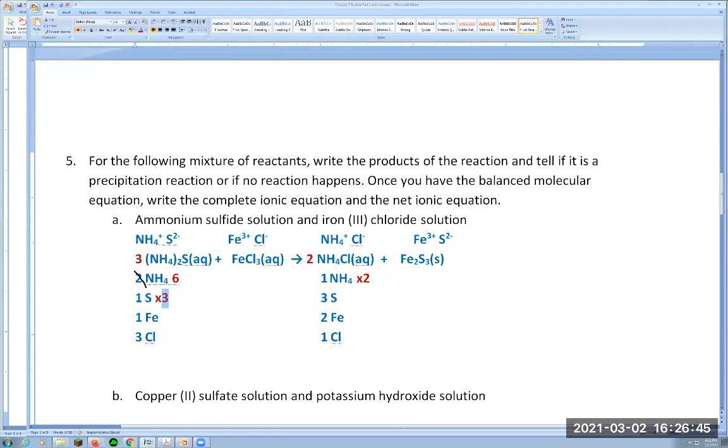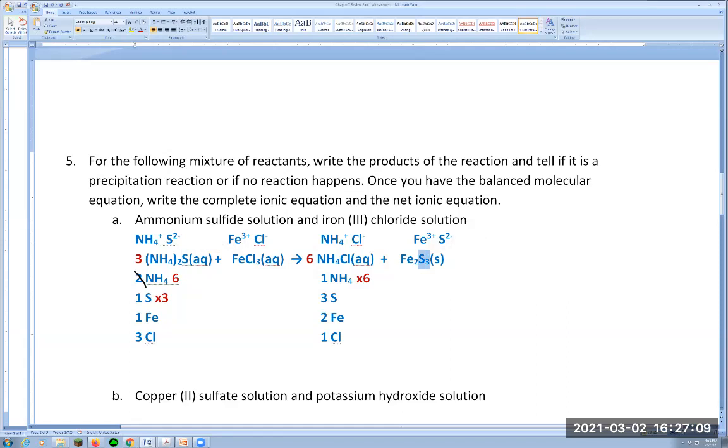So we need a 6 there instead of a 2, in front of NH4Cl, which is multiplied by 1. So 6 ammonium then on the right. So that balances the ammonium. We have balanced the sulfur, 3 and 3.